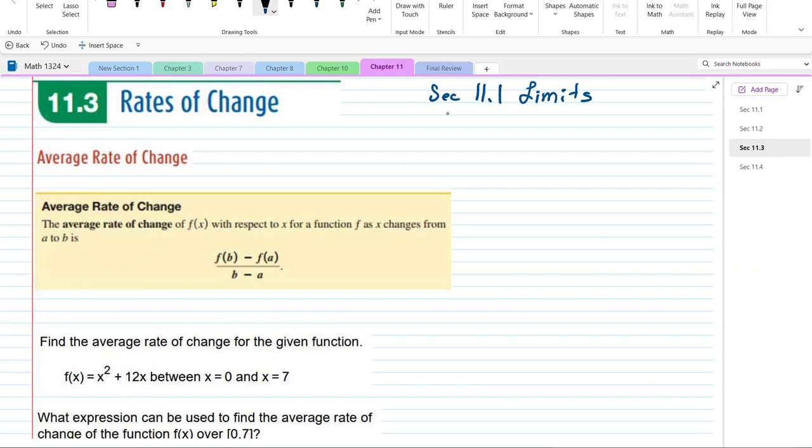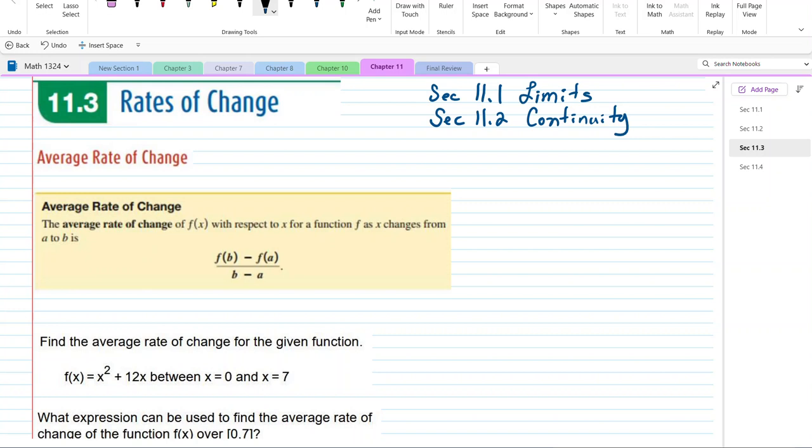Then we talked about continuity in section 11.2. In continuity, we talked about the function having to be connected between two parameters, or around the number that we're actually trying to find a limit for.